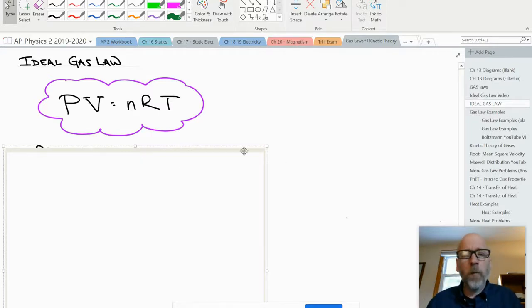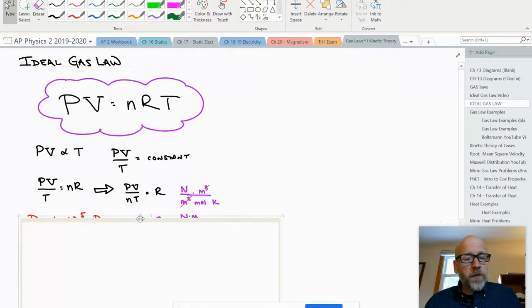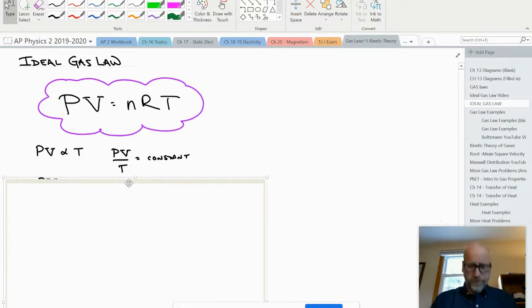All right, now where does that come from? Well, it's a combination of the three gas laws we discussed the other day, Charles's, Boyle's, and Gay-Lussac's, and Amedeo Avogadro's recognition that the relationship between volume and moles is the same for all gases. Now, write this down, PV is proportional to the temperature.